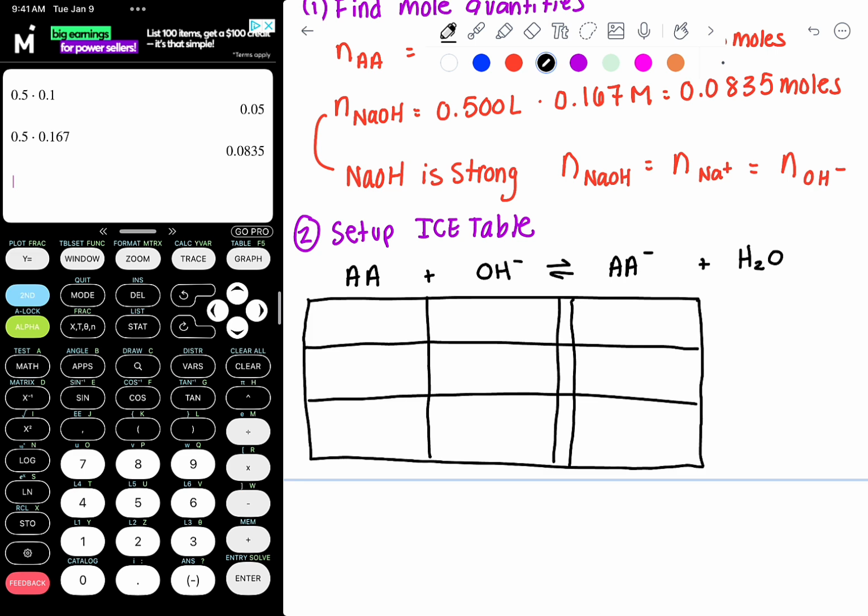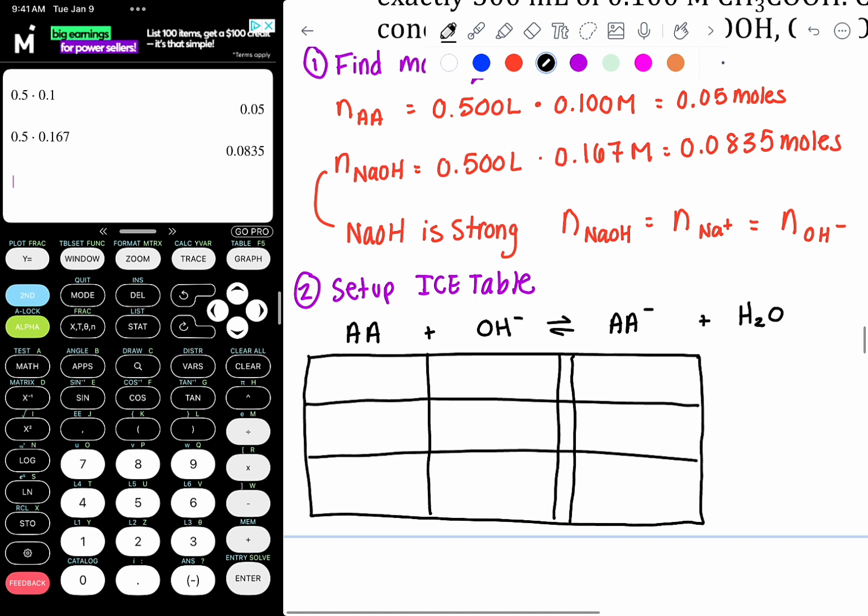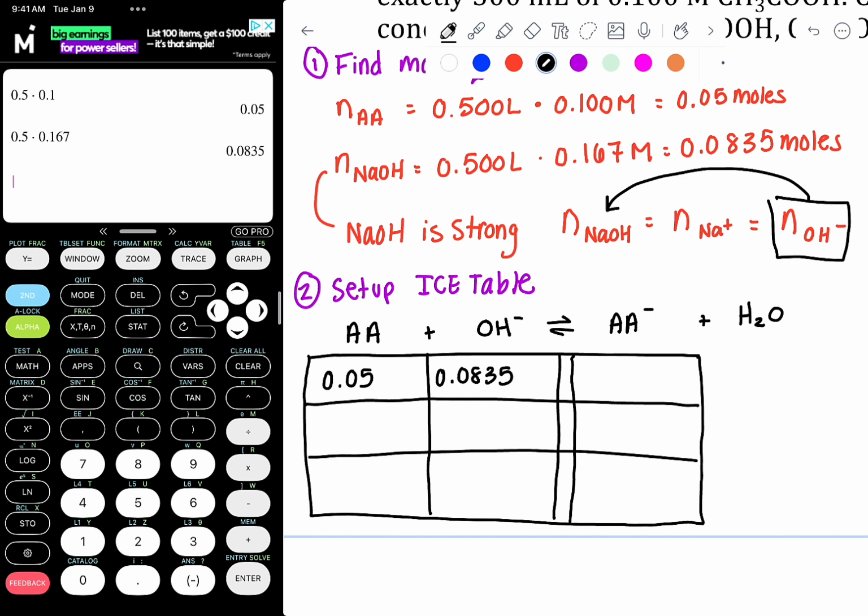So our initial concentration of acetic acid was 0.05. Our initial concentration of OH minus, or molar value of OH minus, that's this guy here. We know that it relates back to the NaOH, so it's going to be 0.0835. And our initial concentration of our acetate ion is 0.